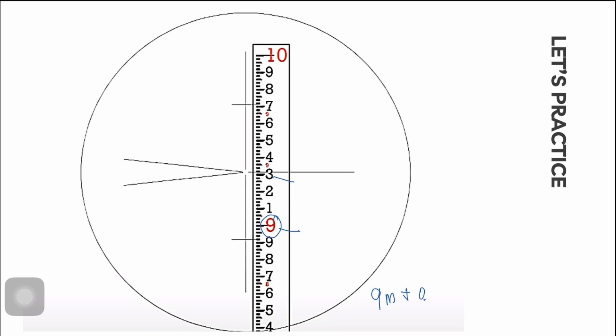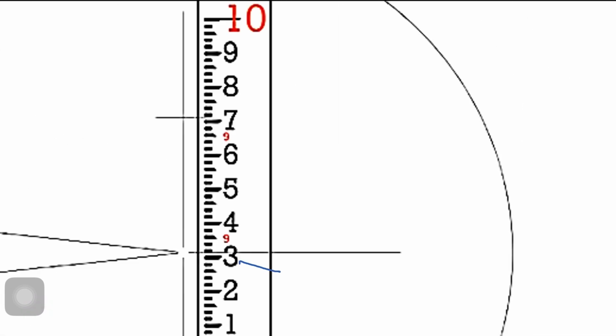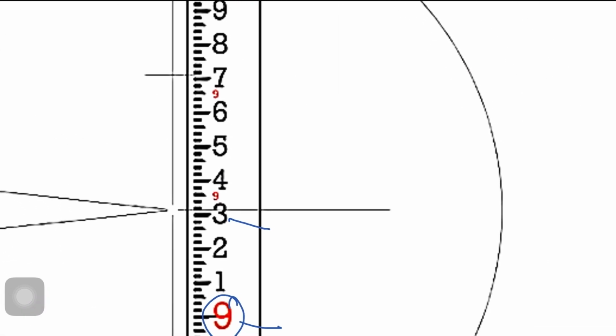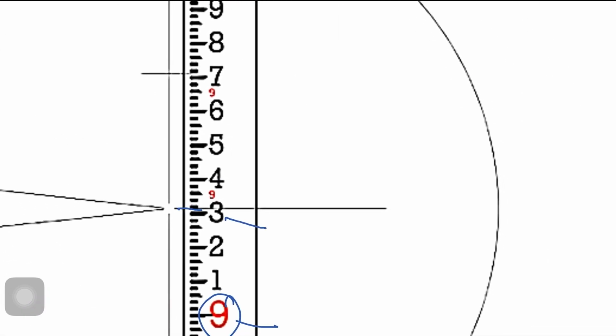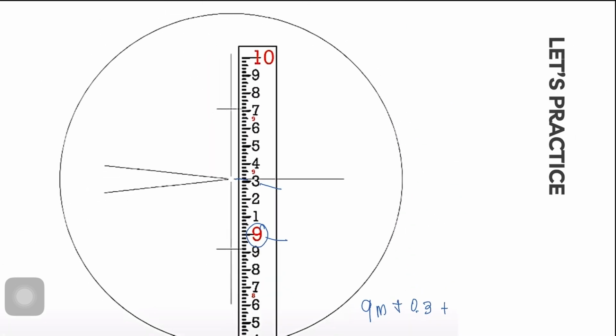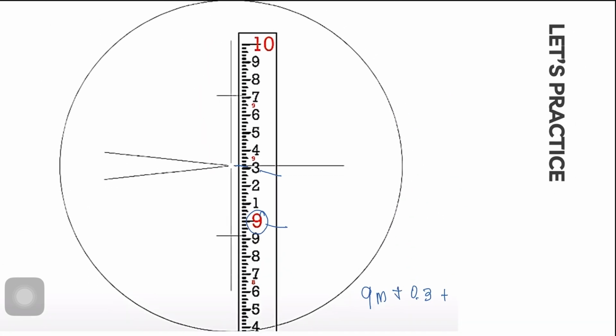So 0.30 meters, and at the bottom, so it means that it is an odd number, so 0.01 meters, or equivalent to 9.31 meters.